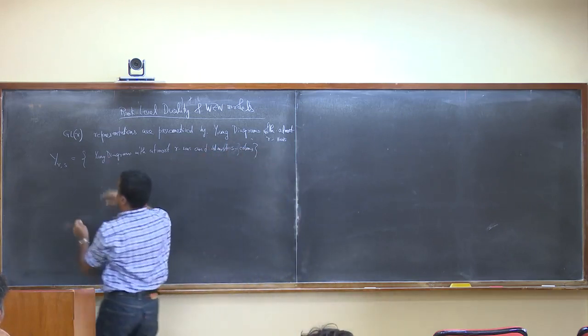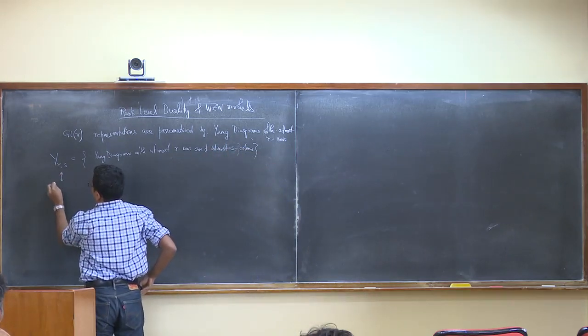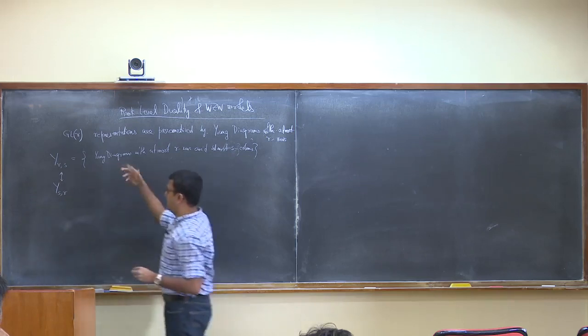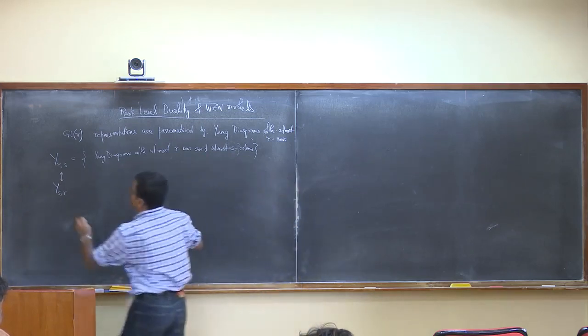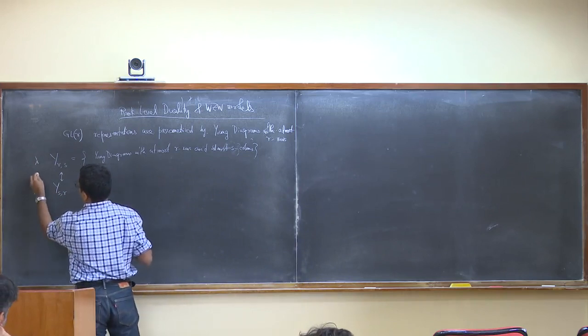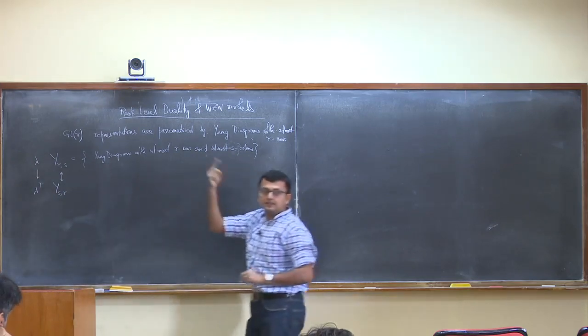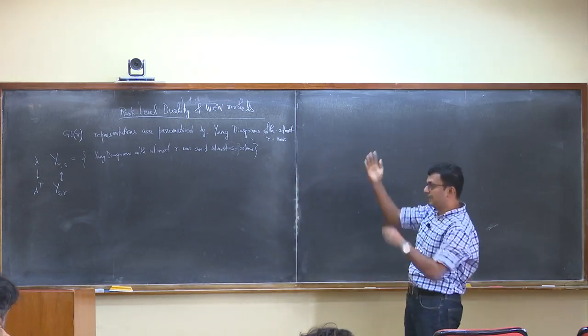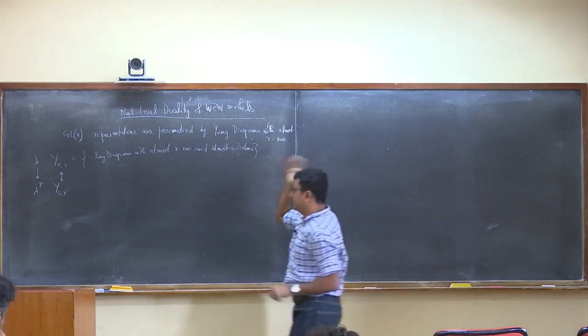So there is a duality. There is a bijection between these. There is not one, but two at least. You can just take lambda and take the transpose of the Young diagram. You exchange the rows with the columns, and then you get this.